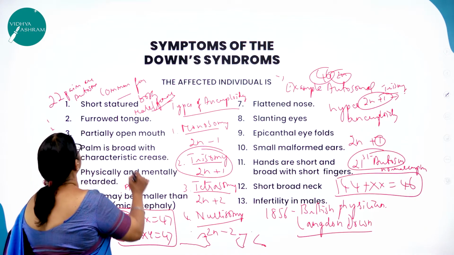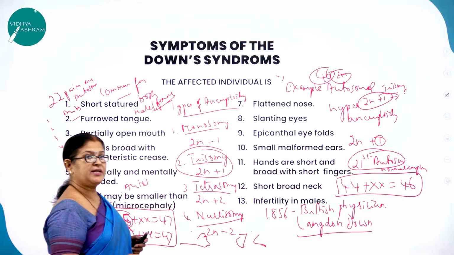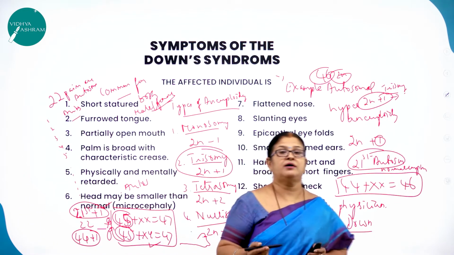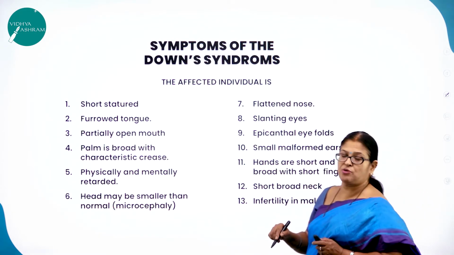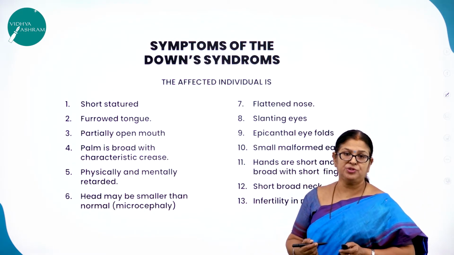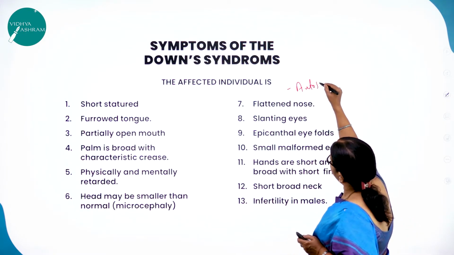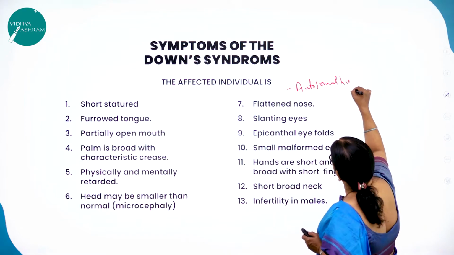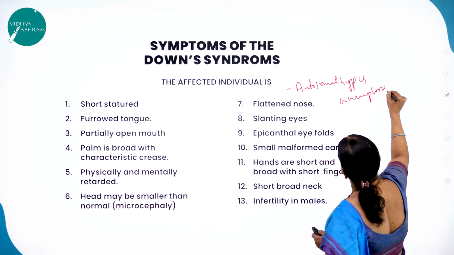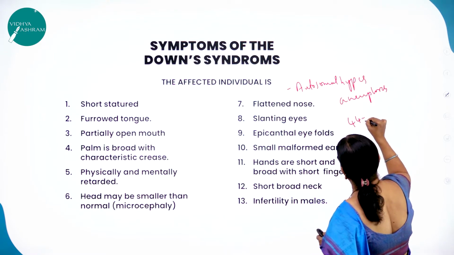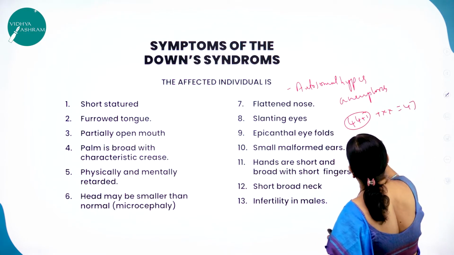So that is the reason why you call it autosomal hyperaneuploidy. Hope you have understood about Down syndrome. Down syndrome is due to autosomal hyperaneuploidy. So what will be the chromosomal number? 44 plus 1 plus XX is equal to 47.